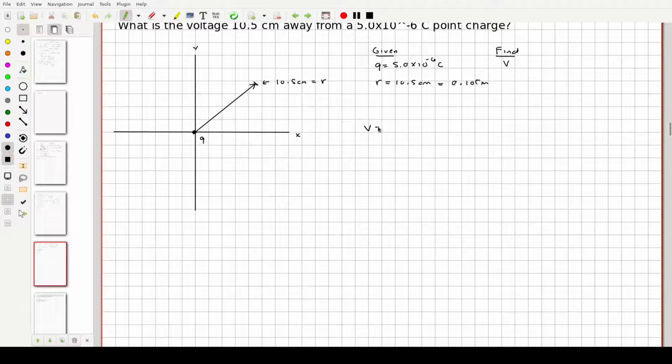Now, the voltage at that point is 1 over 4 pi epsilon naught Q over R. It's that easy. So if I plug stuff in, that's going to be 5.0 times 10 to the minus 6 coulombs on the top. On the bottom, I have 4 pi. Epsilon naught is, I want to say it's 8.85 times 10 to the minus 11th Coulomb squared per Newton meter squared. I just want to verify that.